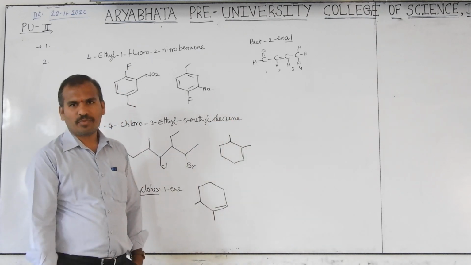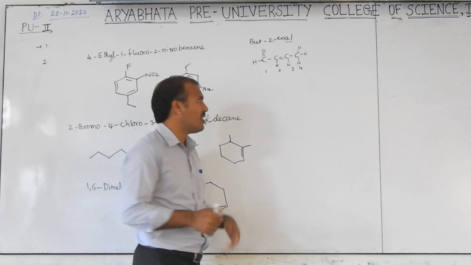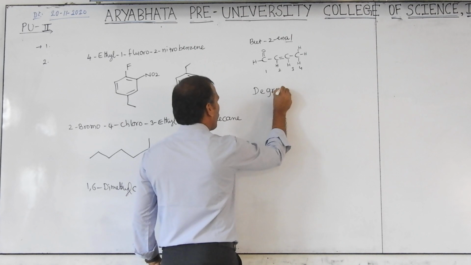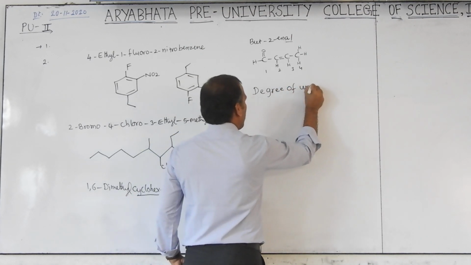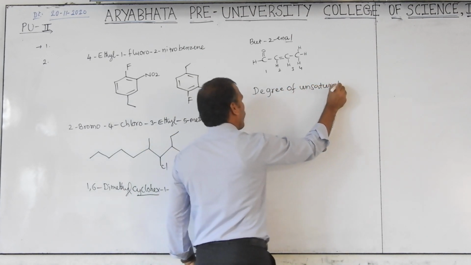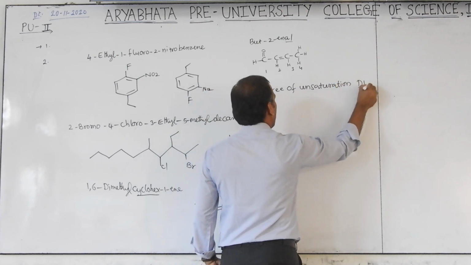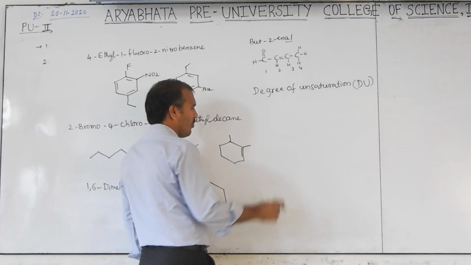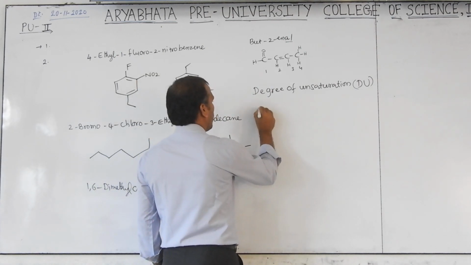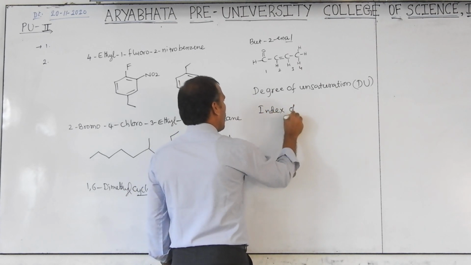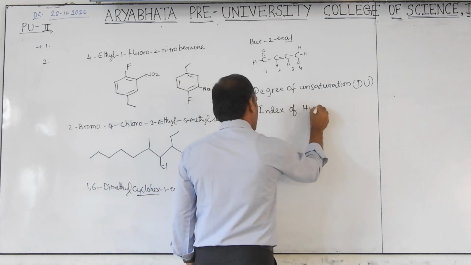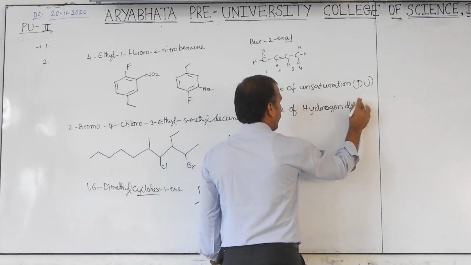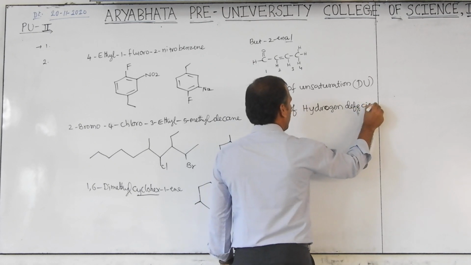Next one is isomerism. Before going to isomerism, you should learn degree of unsaturation. This is called simply DU. Also called index of hydrogen deficiency.